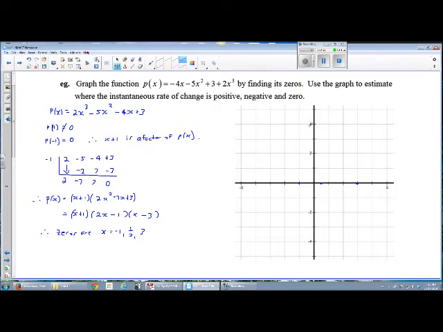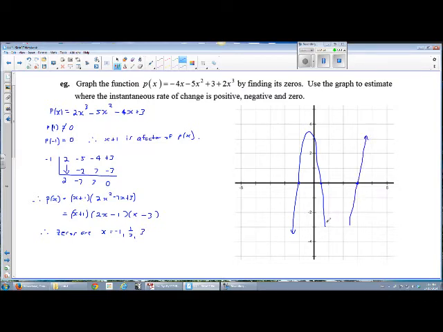So I can just estimate a little bit here and just say that the graph goes maybe like this. Something like this here. I think that goes fairly deep down there and then comes back up. That's a really rough sketch.